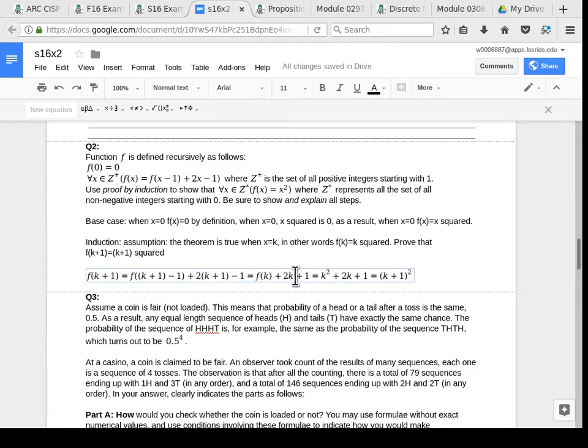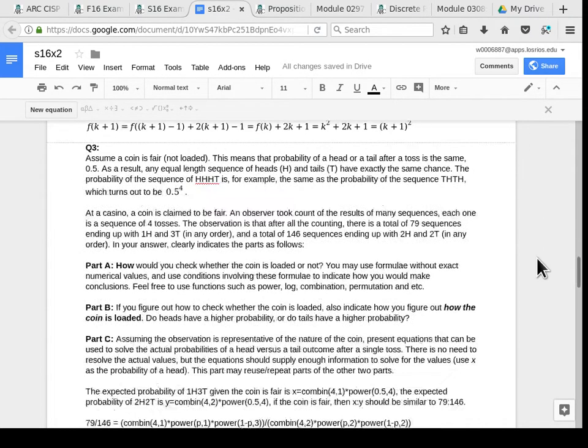The third step is making use of the induction assumption where f of k equals k squared, because the theorem is assumed to be true when x equals k. And then the last step is once again just algebra, because we recognize that k plus 1 squared is k squared plus 2k plus 1. So that finishes the entire proof.